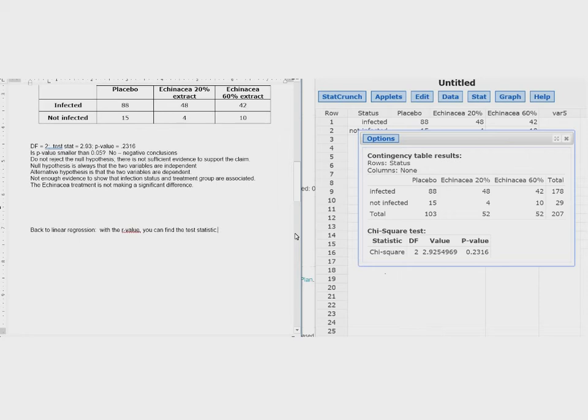And that was just a formula that was in your Chapter 10 notes. So if you're just given the R value and it wants to know whether there's evidence of a linear relationship, then you'd want to find the test statistic. From the test statistic, you can find the p-value and make that determination. So once you have the test statistic with that formula, then you would find the p-value.